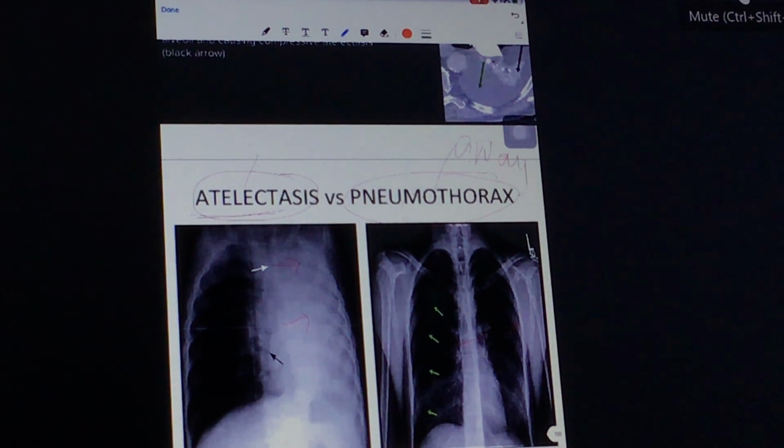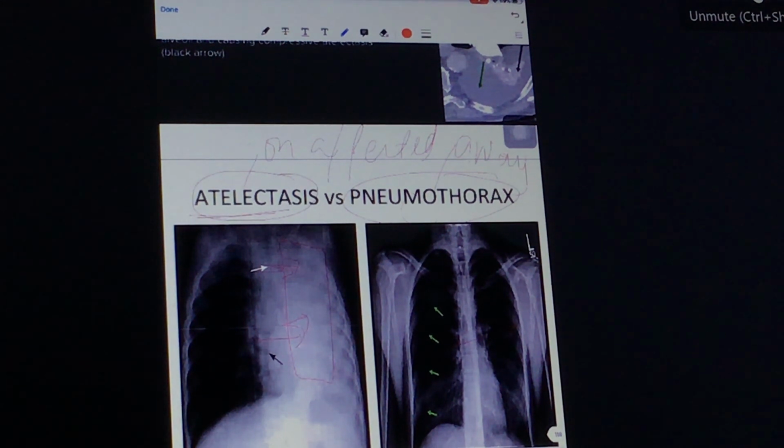Yes, Doc. So, in atelectasis, the lung loses its air, so it becomes whiter, plus the middle structure will go to the affected side. While in pneumothorax, since there is air here, it pushes the middle structure away from the affected side.